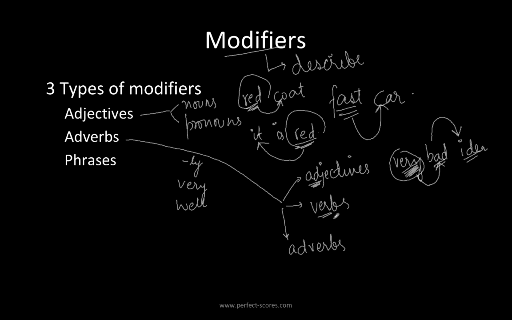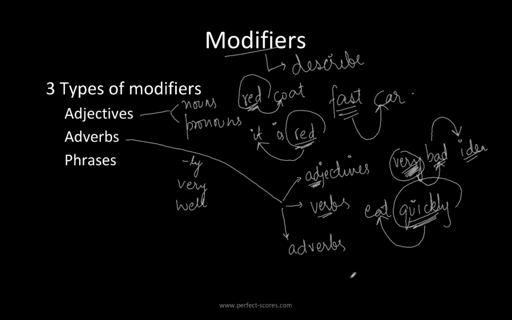Okay, let's take an example of an adverb that modifies a verb. If I say, eat quickly. So quickly describes how you should eat. So quickly is an adverb that modifies the verb eat. So quickly is the adverb or the modifier.